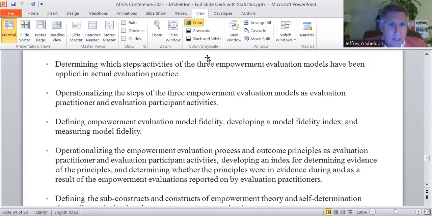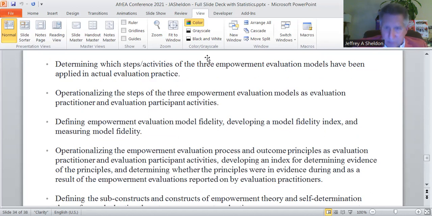Okay, so the strengths of this study, as I see them: determining which steps and activities of the three empowerment evaluation models have been applied in actual evaluation practice. Remember, there were vague contingencies for practice. Well, now we can pretty much know what people are doing, which activities they're actually implementing.